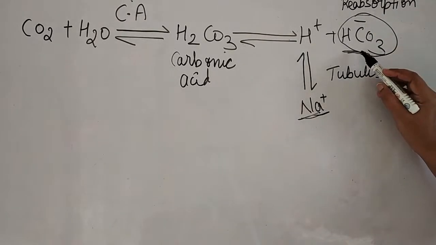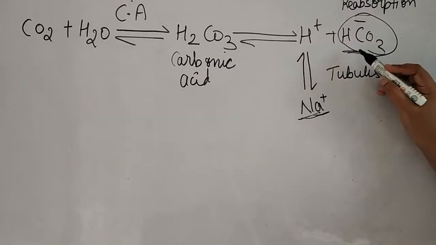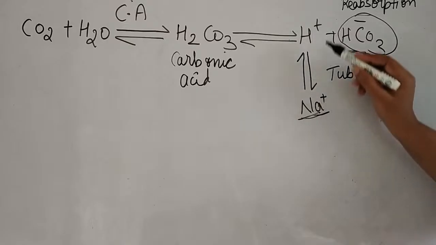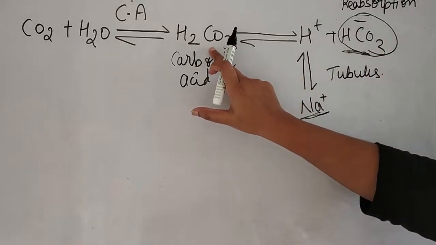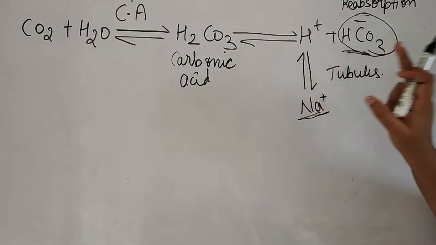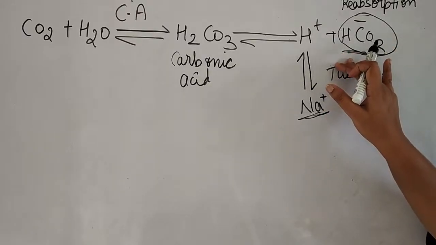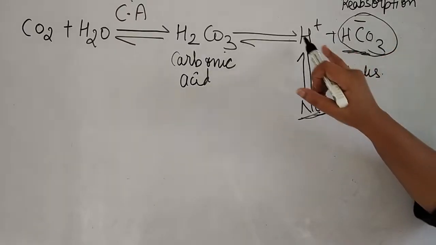We can say the accumulation of bicarbonate ion in the tubule will inhibit the exchange of sodium and hydrogen. So when carbonic acid does not form, there will be less availability of HCO3- and H+.